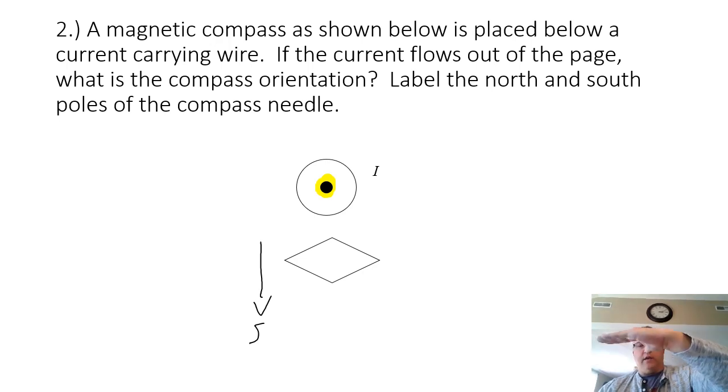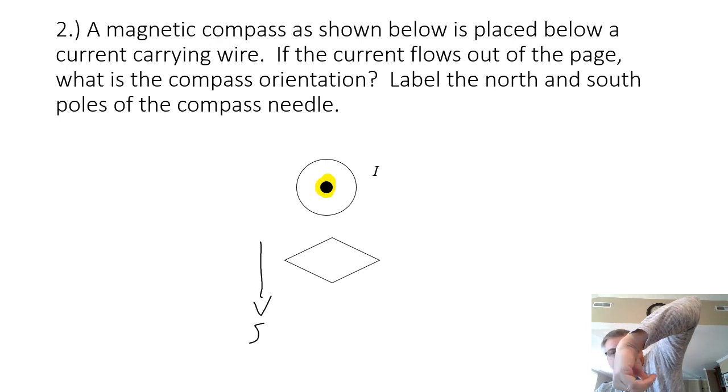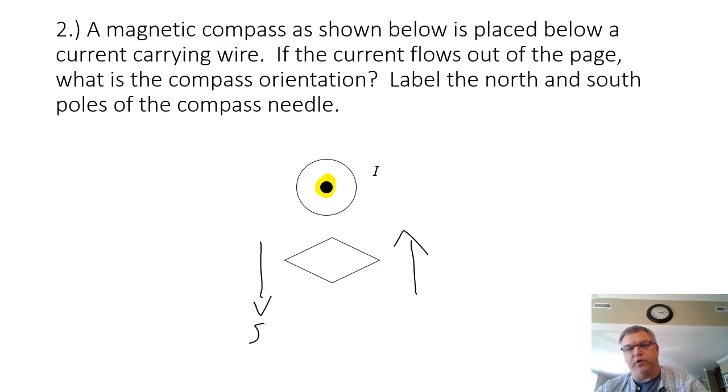And if it curls around, and I'm trying to make this happen without breaking my arm, when I get to the right-hand side of the wire, the magnetic field is going in the upward direction. So now my magnetic field on the right-hand side is in the upward direction, and that is going in the north direction. So on the left-hand side of the compass is the South Pole, and on the right-hand side of the compass is the North Pole.